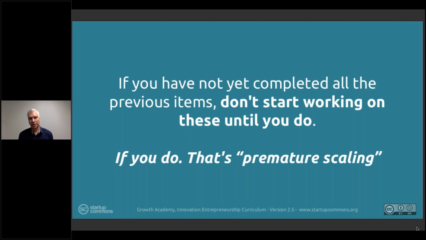Or you are just simply missing all of the things that we are looking to go through in this module to cover what you should prepare for the scaling phase.